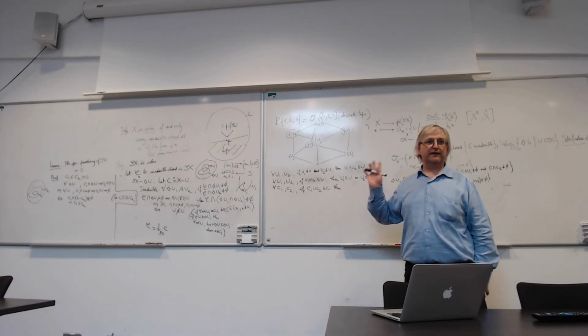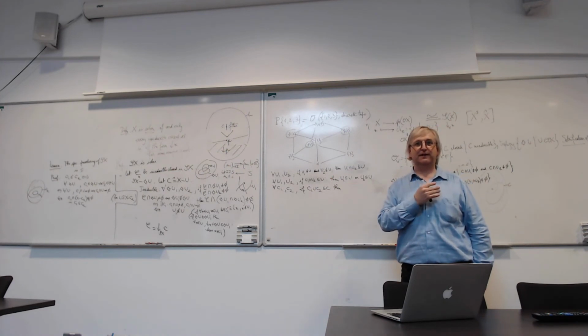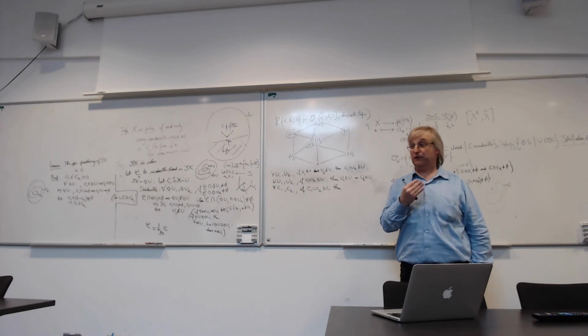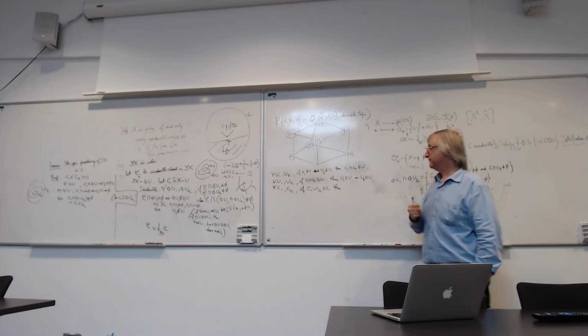Meaning that all that was useless. I knew it already, because that's the way I got all these things. So I'm actually recovering the fact that I'm considering meet-prime elements of O of X, as I said initially.